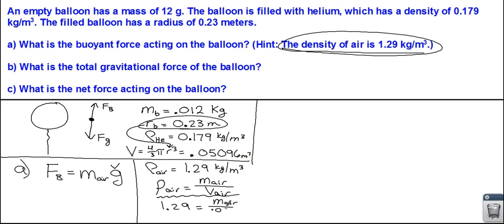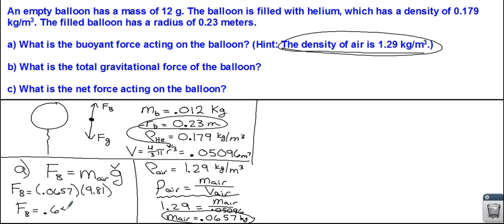Substitute that in here, multiply both sides, and we get the mass of the air to be approximately 0.0657 kilograms. Substitute that in here. The buoyant force is equal to 0.0657 times 9.81 newtons per kilogram. We get a buoyant force of 0.645 newtons.